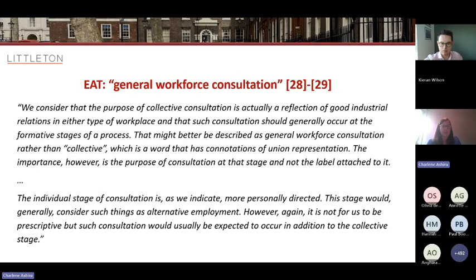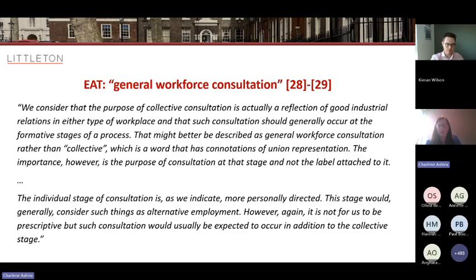But then the EAT went on at paragraphs 28 to 29 to introduce the concept of general workforce consultation in addition to individual consultation. So they said, we consider that the purpose of collective consultation is actually a reflection of good industrial relations in either type of workplace.